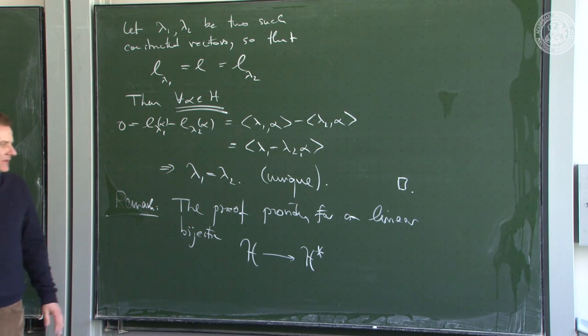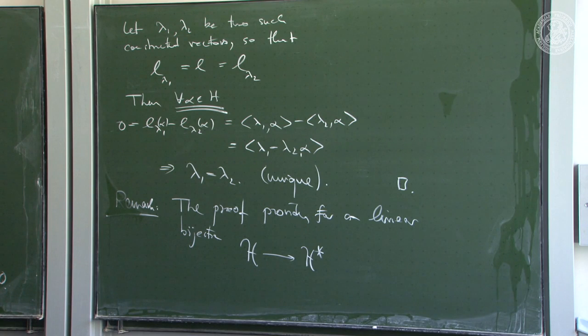And hence, very often in quantum mechanics, one does the following thing. One says, why would we bother about this complicated space H star if all it is, its elements are obtained by taking an element of H, a unique element of H, and writing down a bracket where the first slot is filled with this element from H, and the second slot is left open so that we have a linear map.